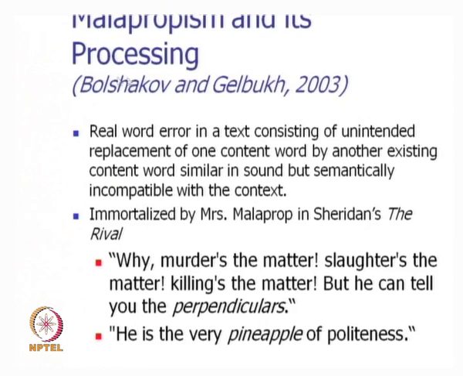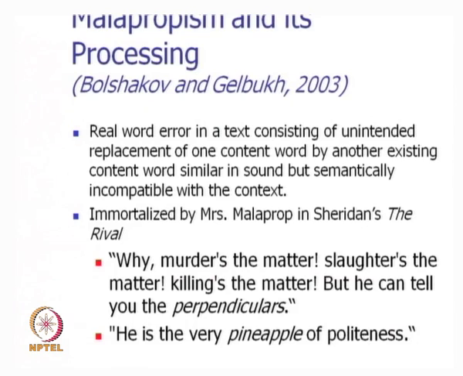There is another very interesting problem where NLP has made use of information retrieval, and this problem I describe as malapropism and its processing. So, this problem has become important in correcting errors in text which are semantic in nature. So, if there are spelling errors, they can be corrected.